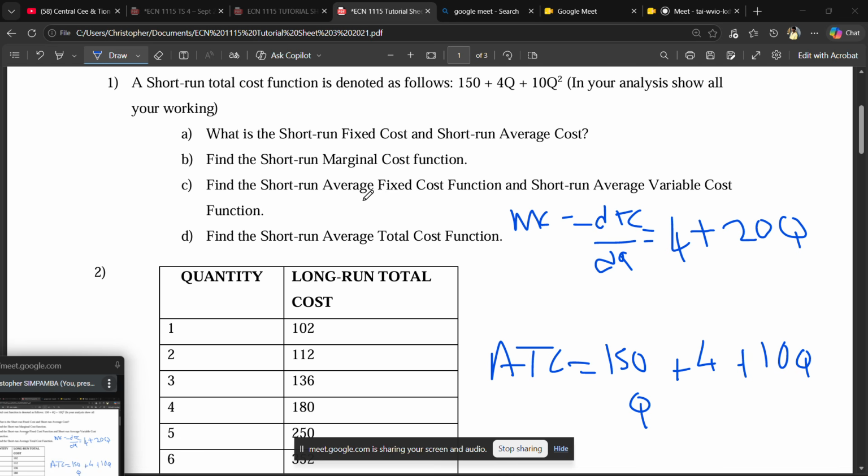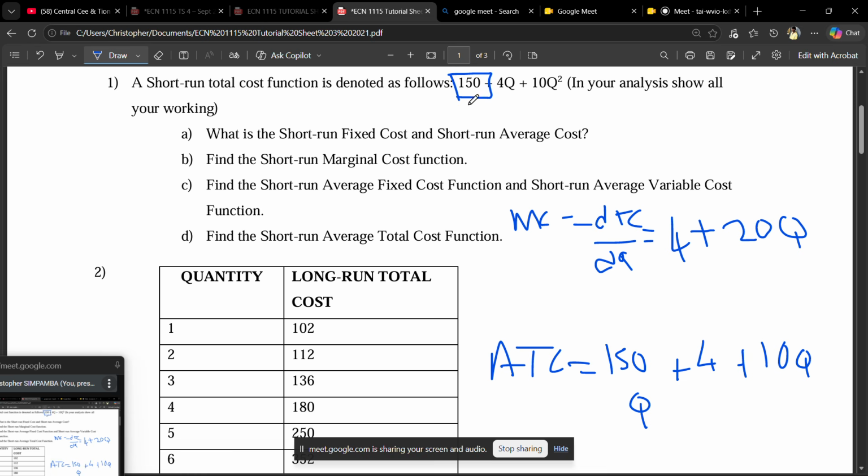We found our fixed cost to be 150, because it doesn't have q there. So we put q down there, because you cannot divide using 150 alone. So the average fixed cost function is 150 over q.